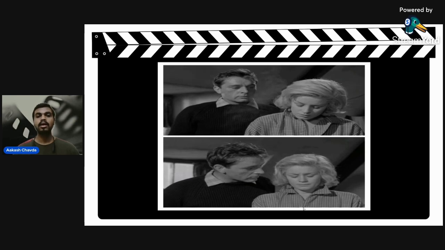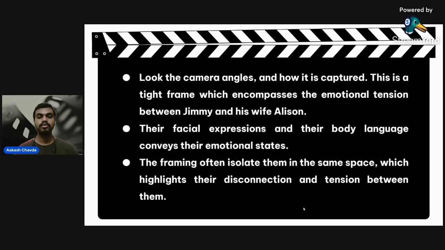You can see the facial expressions of both characters: Jimmy has an angry expression, and on the other hand, Allison has a submissive expression. The framing often isolates them in the same space, which highlights their disconnection and the tension between them.